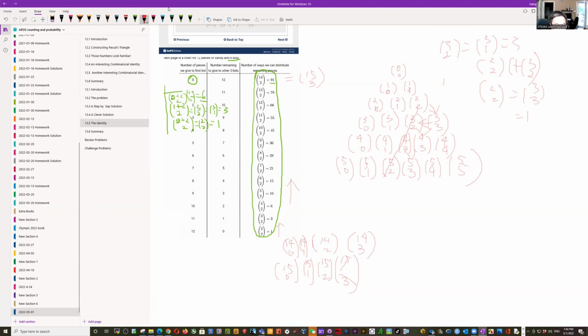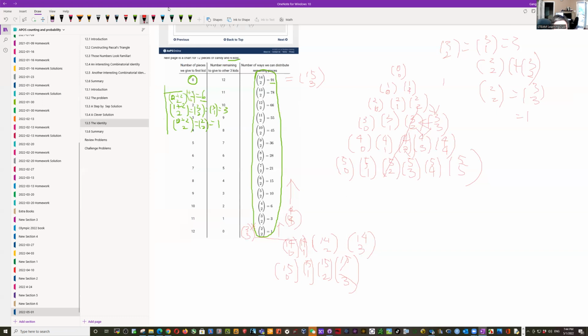So let me just do a chain reaction illustration. 2 choose 2, I swap this number out, it became 3 choose 3. Once you begin to add this way, these two numbers add up to 4 choose 3.